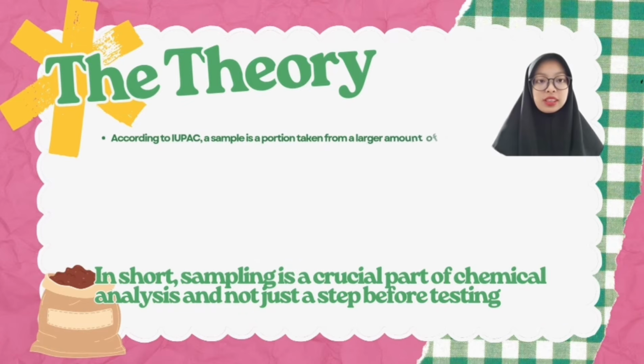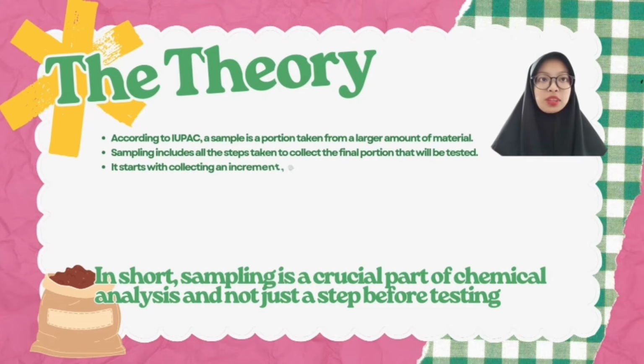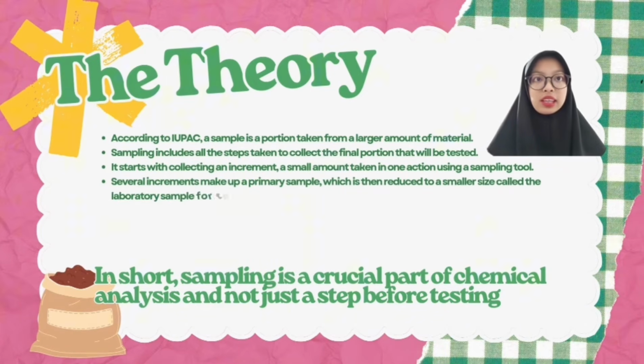According to the International Union of Pure and Applied Chemistry, IUPAC, a sample is a portion taken from a larger amount of material. Sampling includes all the steps taken to collect the final portion that will be tested. It starts with collecting an increment. What is an increment?